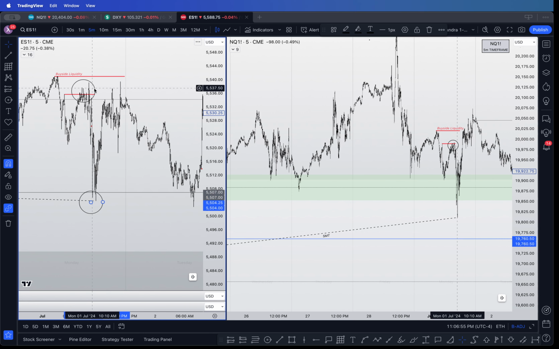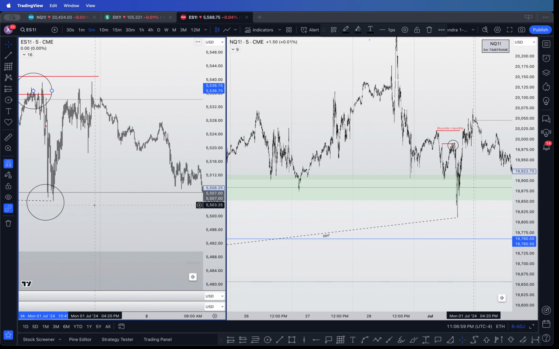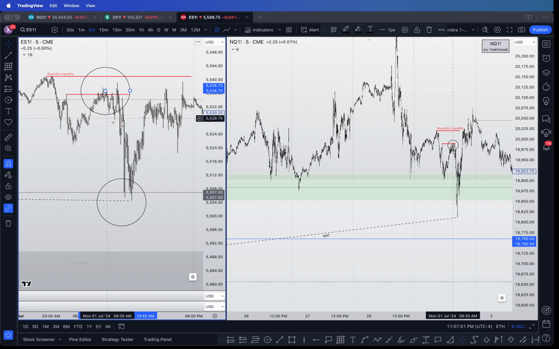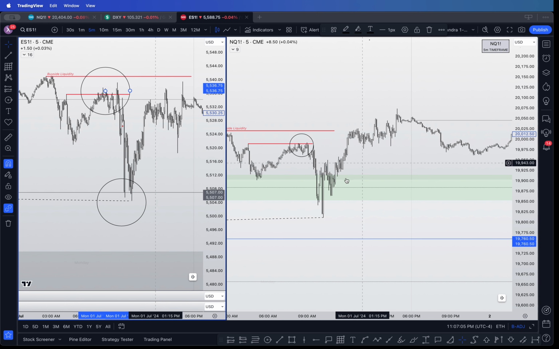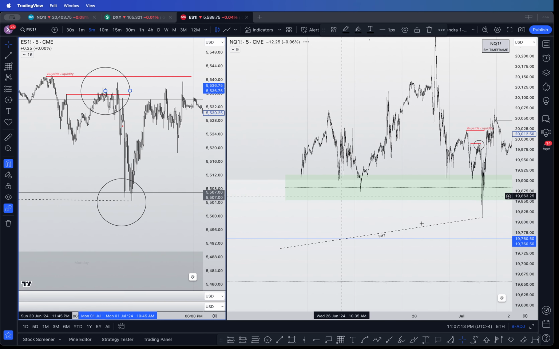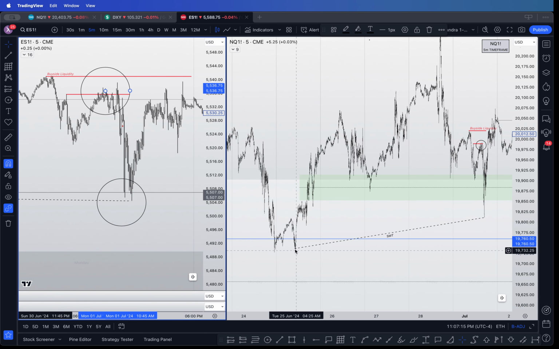Or does that make sense how this order pairing gives us a stronger and more energetic delivery into the sell side liquidity? You can see it. We trade much lower, with more displacement on the ES all the way into the liquidity, whereas NASDAQ doesn't come even close to it. NASDAQ forms a huge divergence at that same liquidity pool.